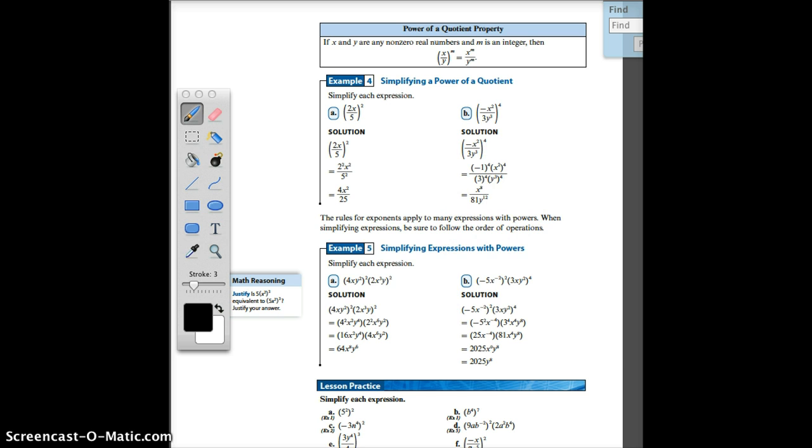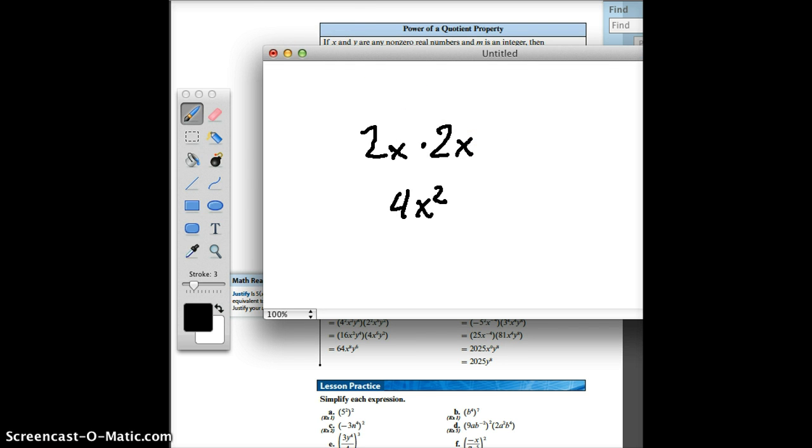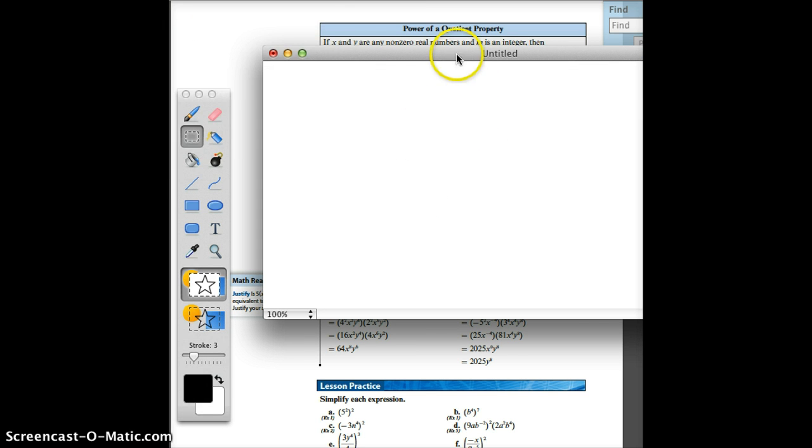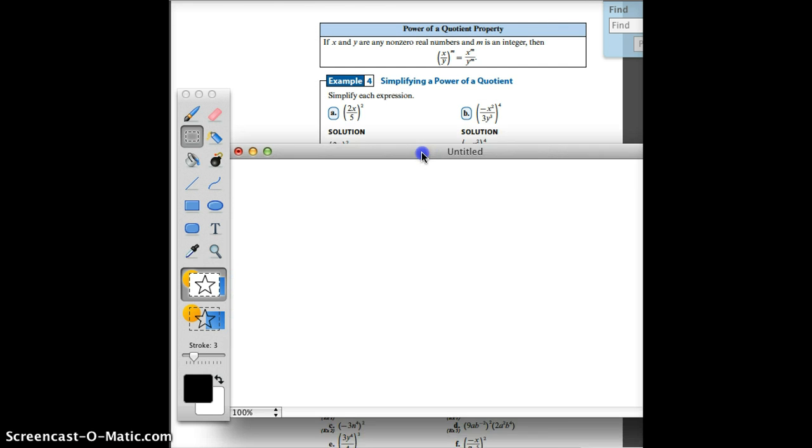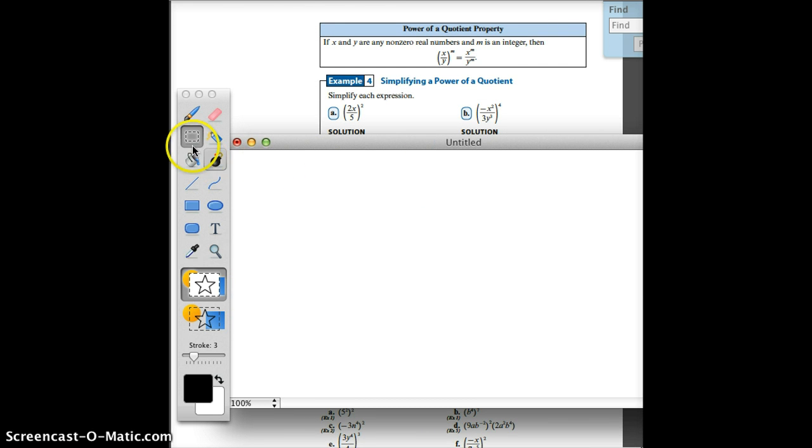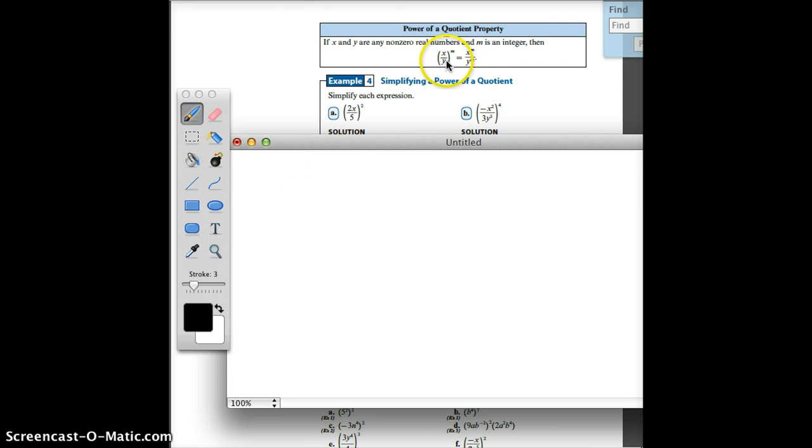All right, let's take a look at example 4. Now, example 4 looks like they're bringing in fractions, which we love. I know we love fractions. Take a look at the rule. If you have an exponent, it applies to the top and the bottom. So if there are parentheses there, the parentheses mean it applies to the x and the y.